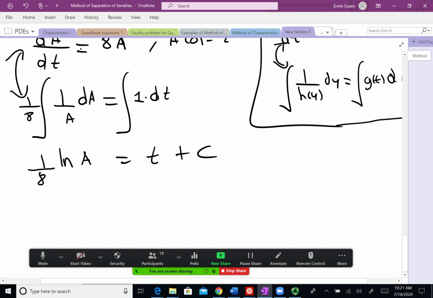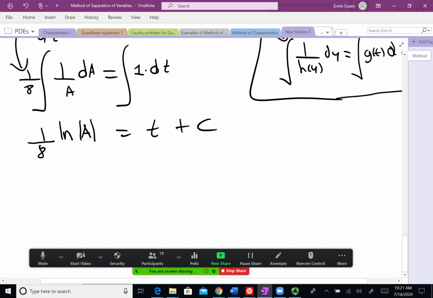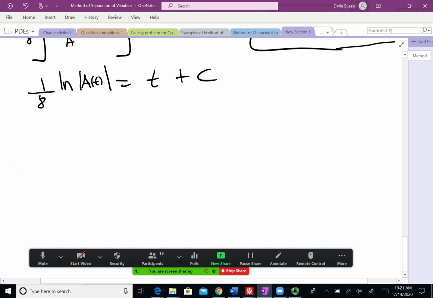How can we fix it? What is missing? Absolute value, right? So don't forget the absolute value of this baby. And then if you wanna be very serious, you can write A of t just to show you're serious.